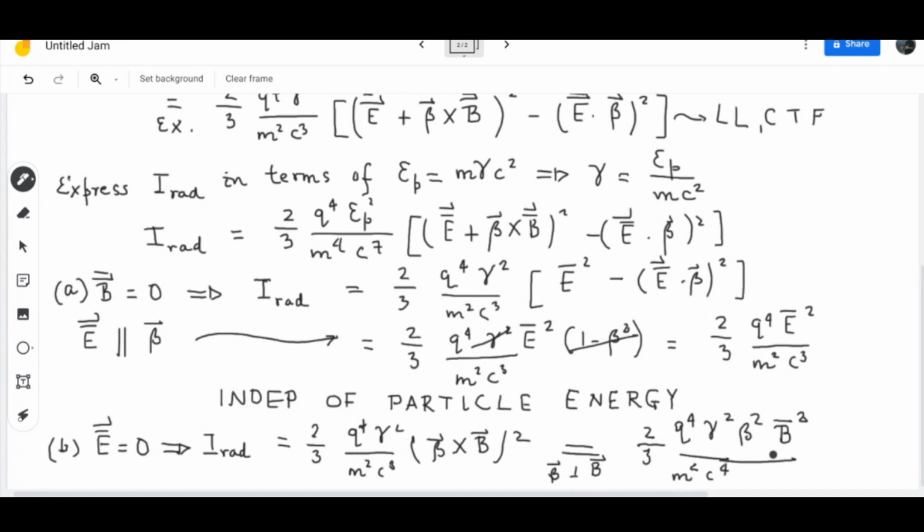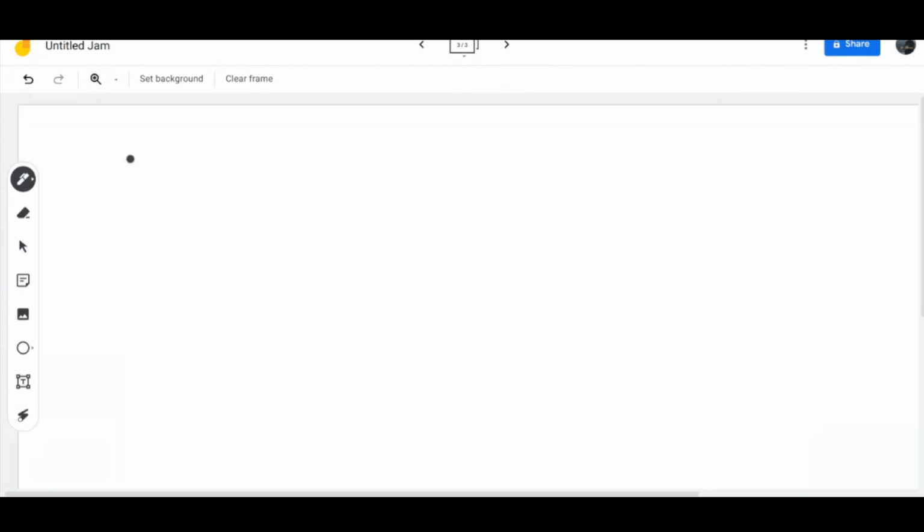This kind of radiation has a name. It's a very important effect, and we shall spend the next class also studying this.